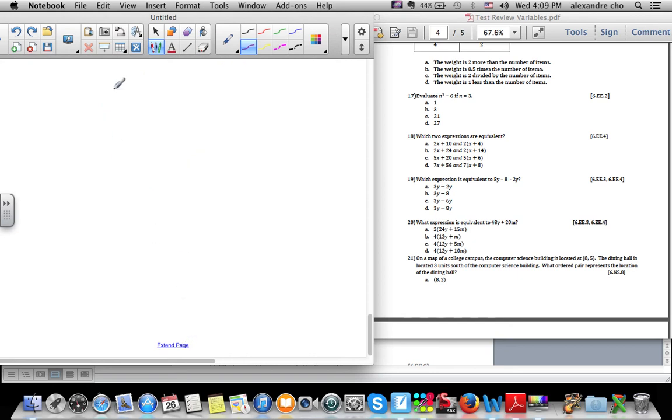20. What expression is equivalent to 48y plus 20m? Okay, so we're looking for something that looks like this. We want to think of a number that goes into 48 and 20. Well, what are the multiple choice? The multiple choice uses the number 2 and the number 4.